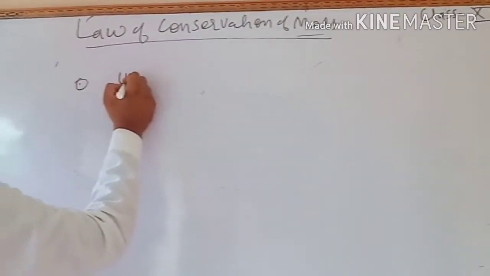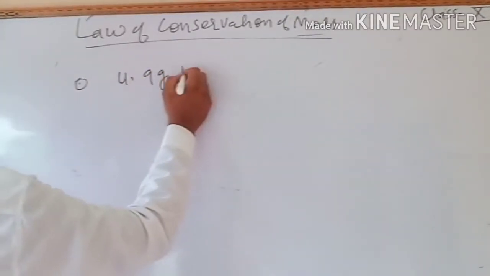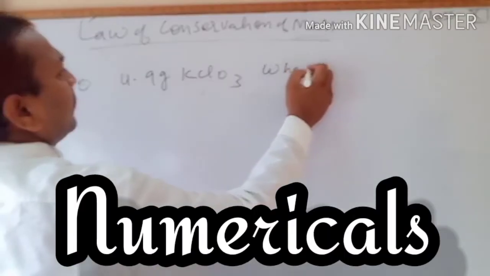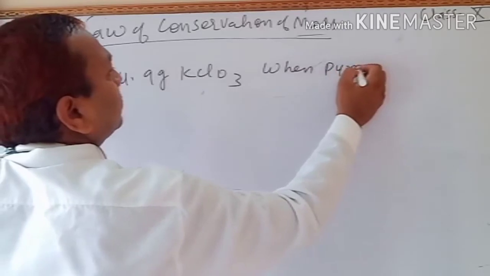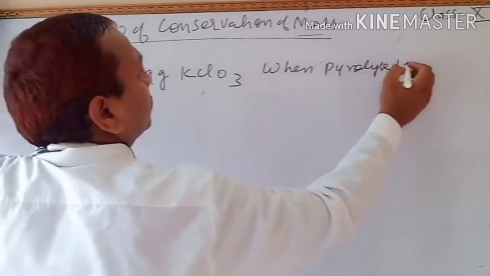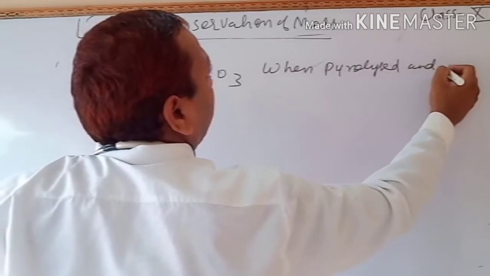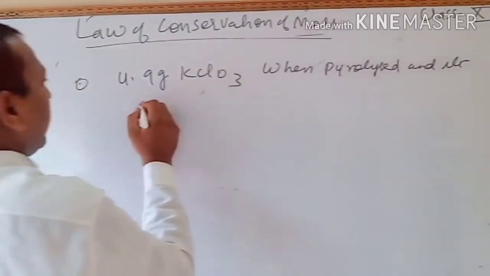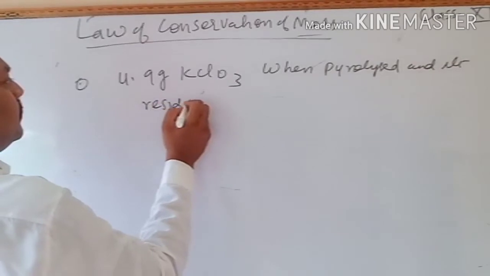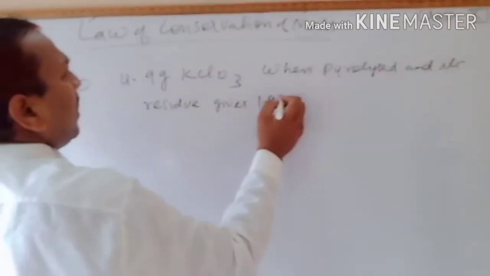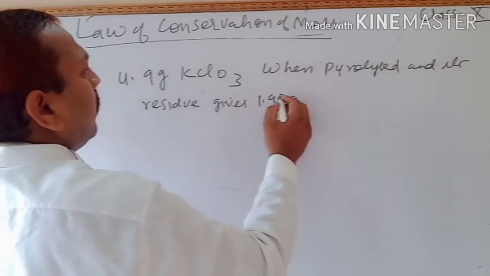4.9 gram potassium chlorate when pyrolyzed gives residue of 1.92 gram.